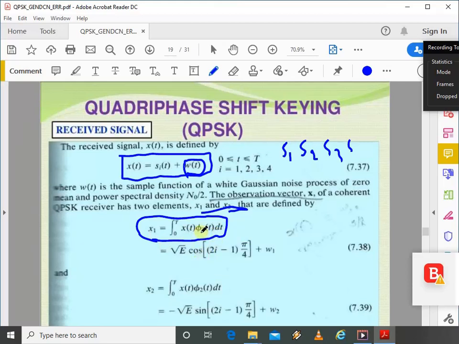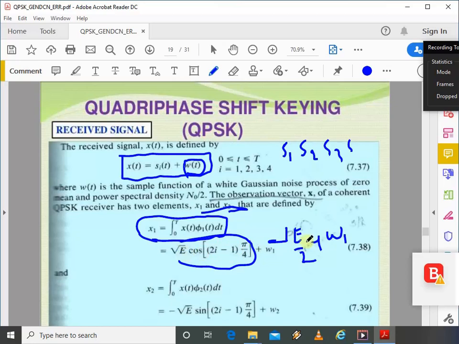Okay, the result of this will be what? This results in plus square root of E by 2 plus w1. So the result of this will be what? It is square root of E by 2, because for any value of i, the cos of pi by 4, cos of 3 pi by 4, cos of 5 pi by 4, cos of 7 pi by 4, the result of this will be 1 by 2.